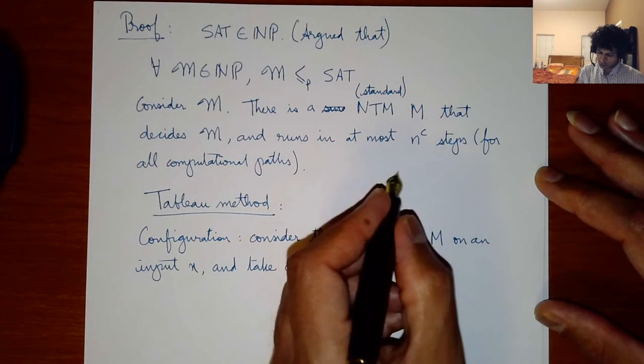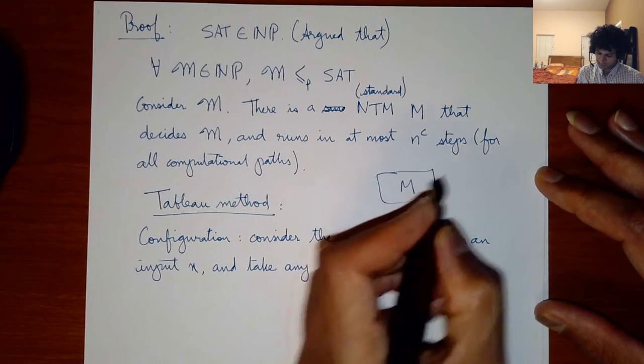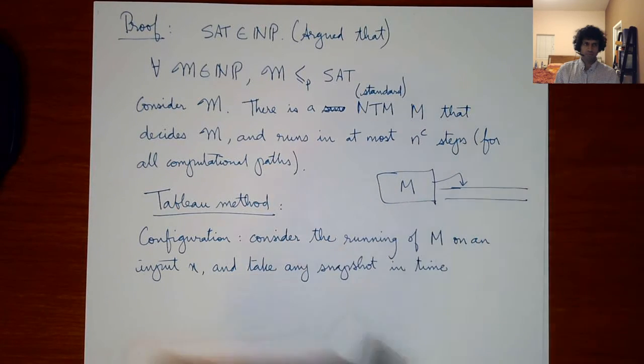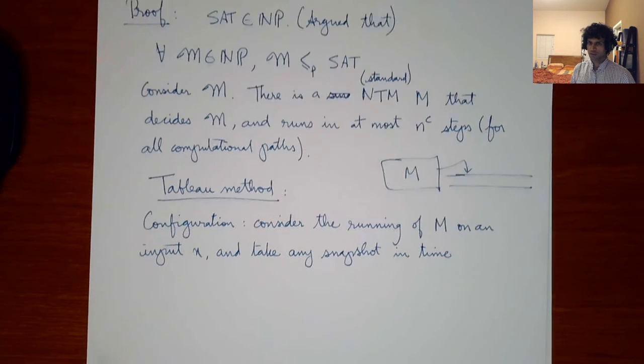So here's this machine M, it's running, and look at a particular snapshot. So freeze a snapshot. What are the relevant parameters there? What do you need to represent that snapshot? Any thoughts?